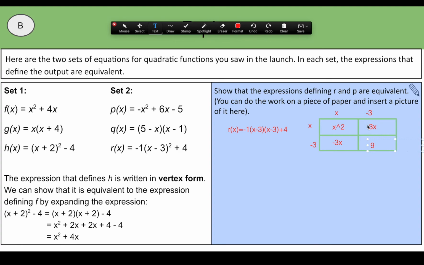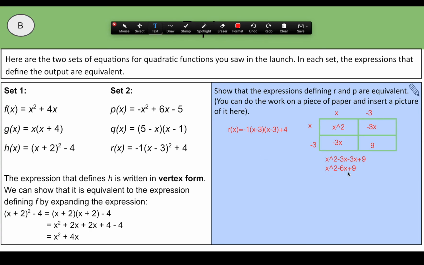X times -3, -3x. -3 times x, -3x again. Negative 3 times negative 3, a negative times a negative gives me a positive, so I have 9. Next step is combine like terms. So I'm going to go down here and rewrite this: x squared minus 3x minus 3x plus 9. Now I'm going to combine the negative 3x and negative 3x, they're both linear terms. They both have the same variable, so I'm just going to combine them.